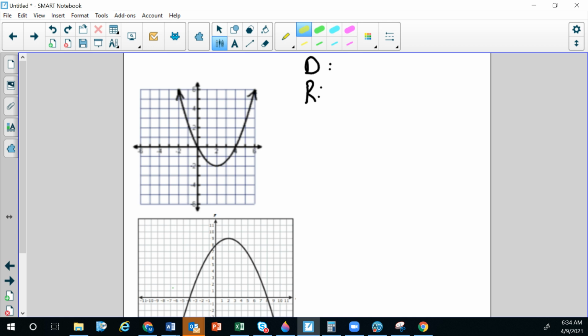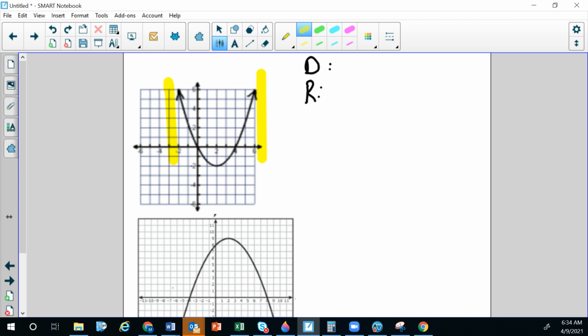So I want to look at the left side of the graph. I want to draw a line on the left side of the graph where it starts, or where it ends. Okay, right there. And that's not a straight line, but you get the picture. And on the right side, okay.